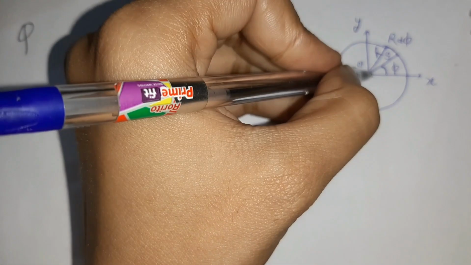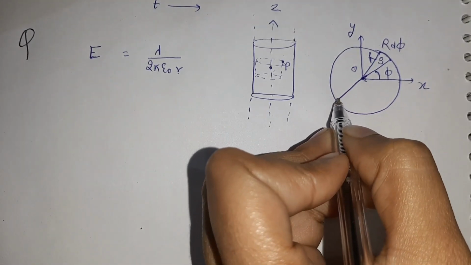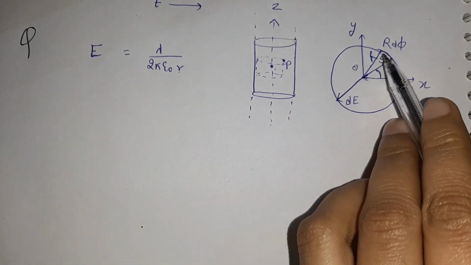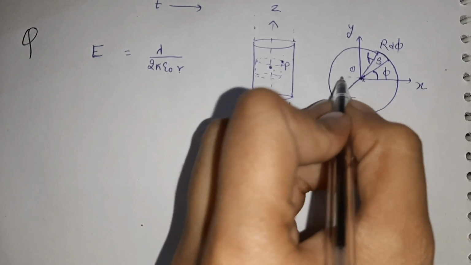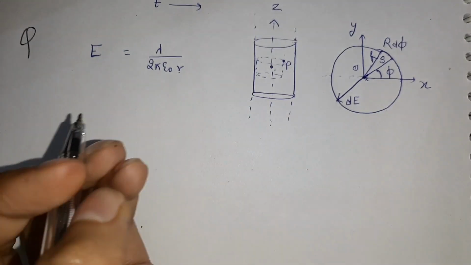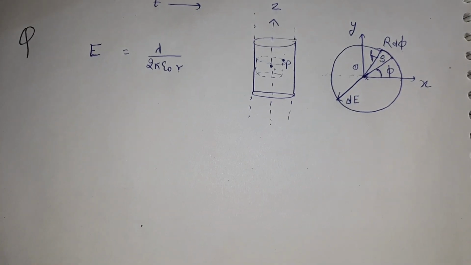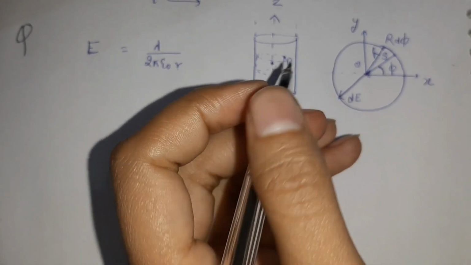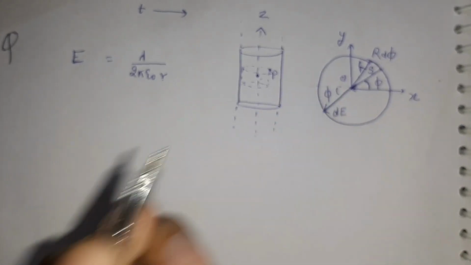Now we can extend this line backward, and this is the direction of our electric field due to this segment. This angle will also be phi.